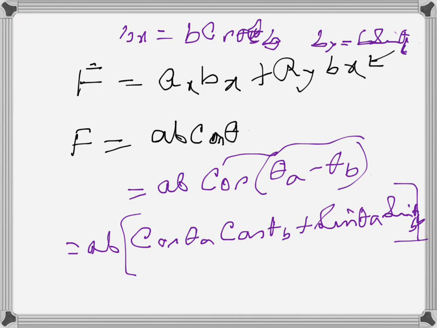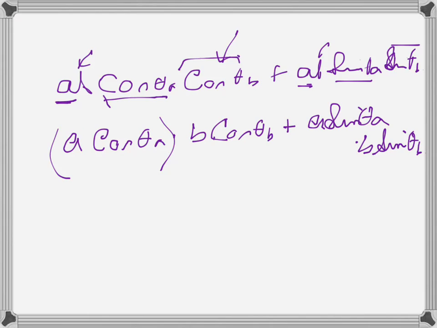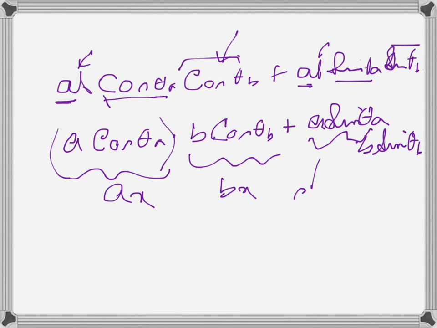The pen is not working, or maybe the screen, anyway. So B sine theta B. It is now becoming obvious that this part is AX, this part is BX, this part is AY, and this part is BY.